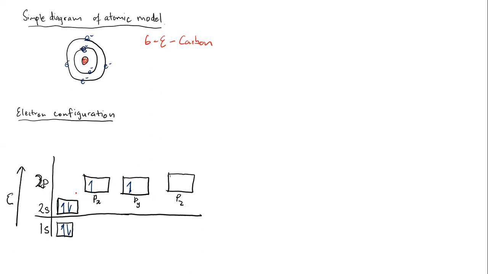In most cases, that's how we obey the octet rule. Now, again, to be able to know the atom that we are talking about over here, we should count the number of electrons. We have 1, 2, 3, 4, 5, 6. That means we have 6 electrons. We are also talking about the carbon atom, okay?